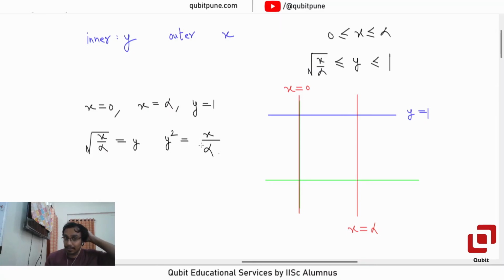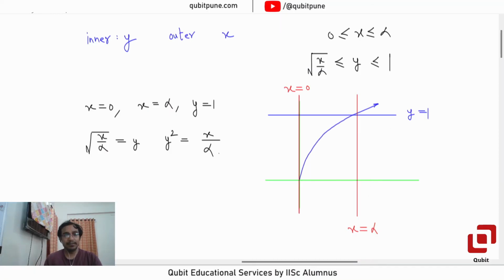Now look, we have even powers of y. That means it has to be symmetric about the x-axis, and we know how it is going to look. Secondly, we can easily identify that it is going to pass through this point, because if y is equal to 1, then x must be alpha. So this is going to be the boundary. That's the parabola.